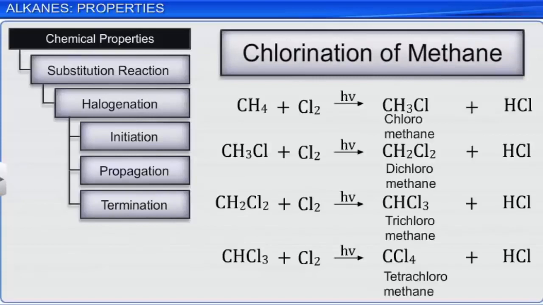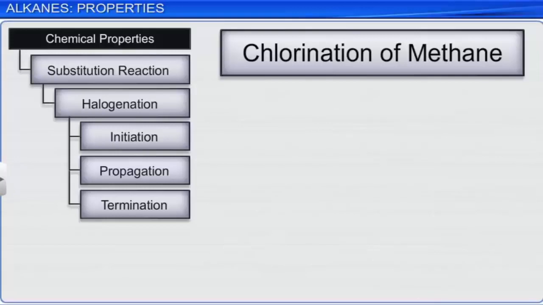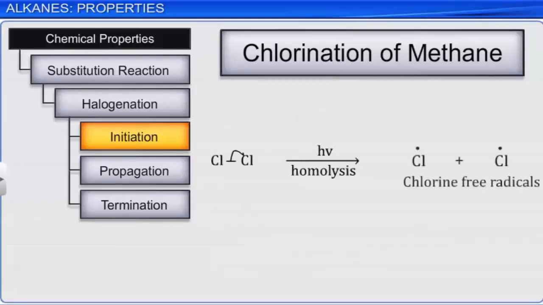During chlorination of methane, the 4 hydrogen atoms of methane are substituted step by step by chlorine atoms, forming tetrachloromethane as the final product. During initiation, the chlorine molecule is homolyzed in the presence of heat or light, forming chlorine free radicals.